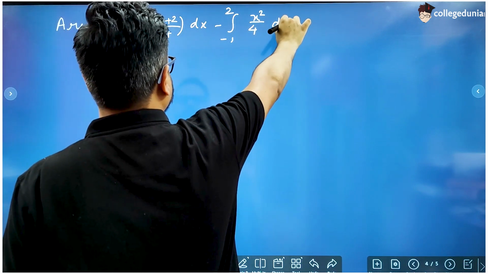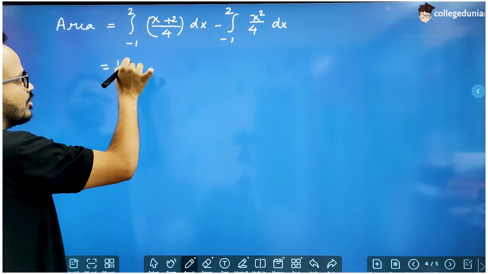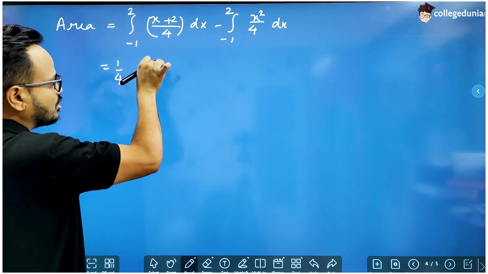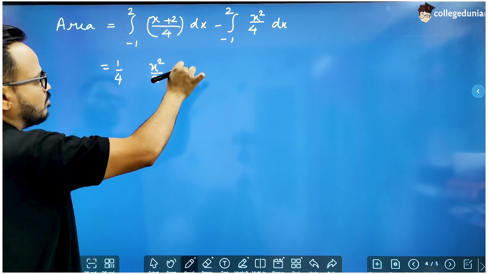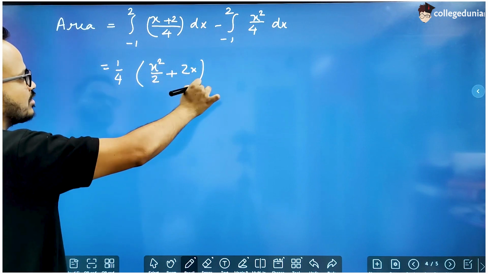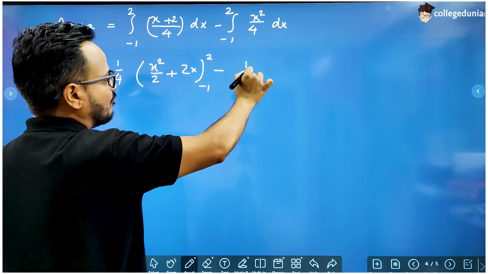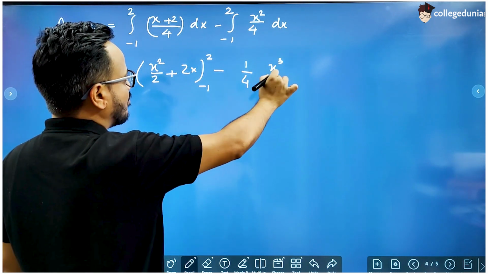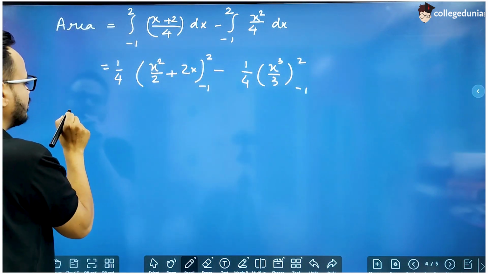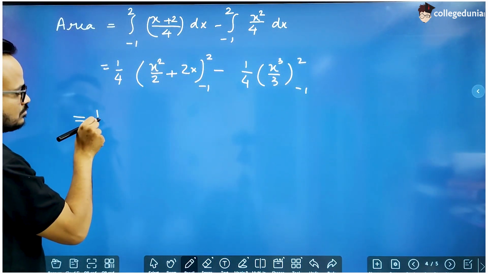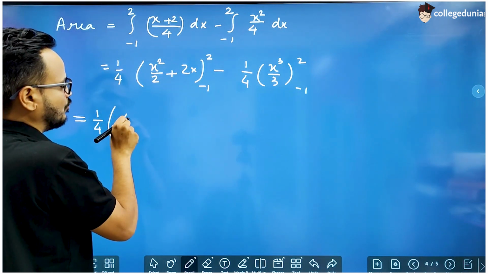So we just have to solve this integral. 1 by 4 is outside the integral sign. So integration of this is x square by 2 plus 2x, limit -1 to 2, minus 1 by 4 times x cube by 3, limit -1 to 2, which is 4 by 2.